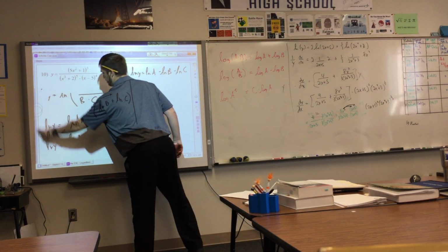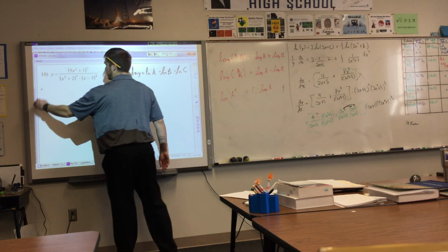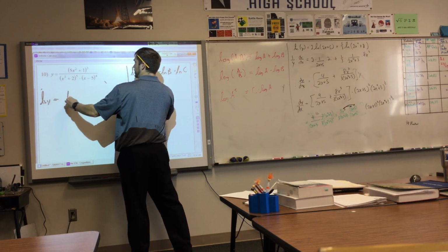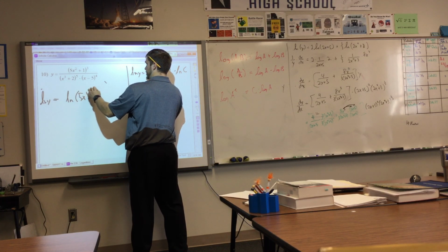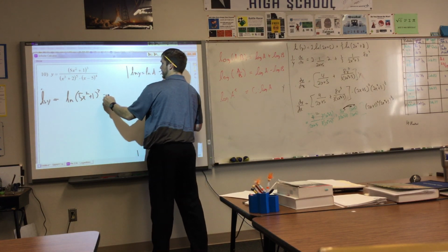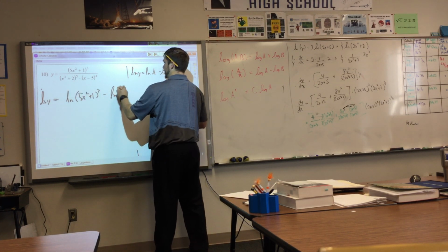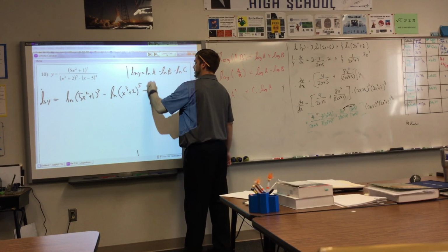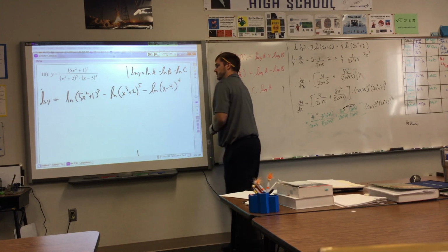Now I'm going to write natural log of y equals natural log of (5x squared plus 1) cubed minus natural log (x cubed plus 2) to the 5th minus natural log (x minus 4) to the 4th.